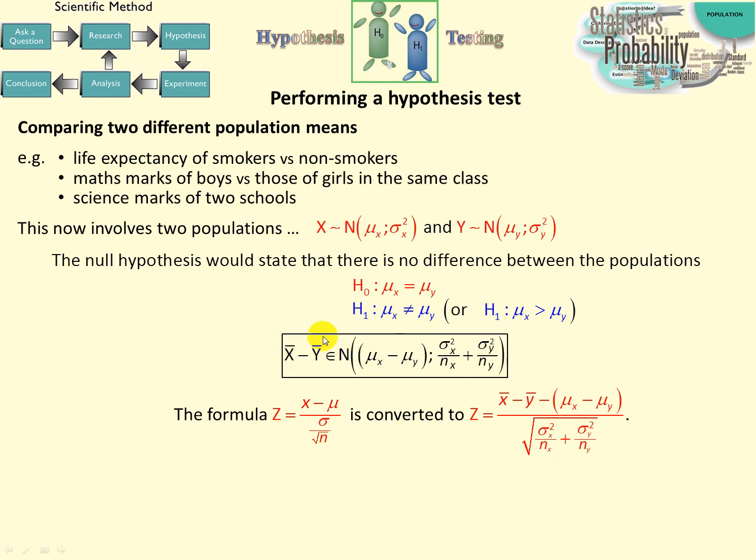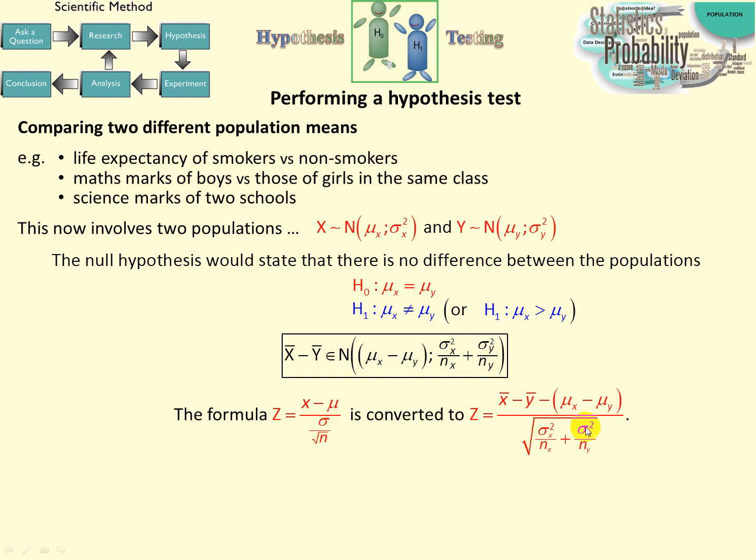New mean, there's the old mean, and there's the variance. Square root of it. You see, this is really the square root of the variance over n, which gives you the standard deviation over root n.